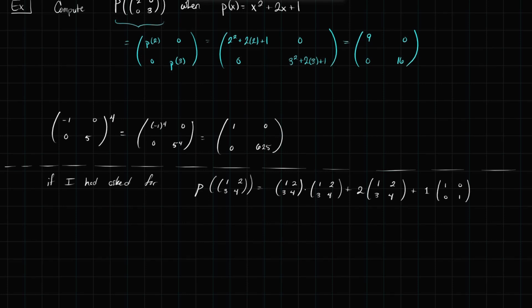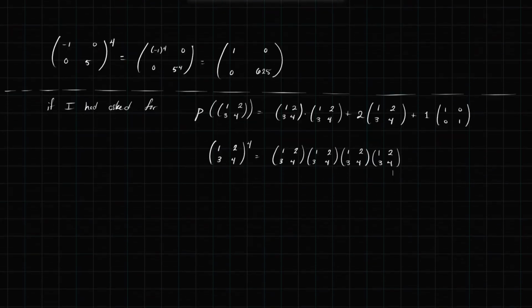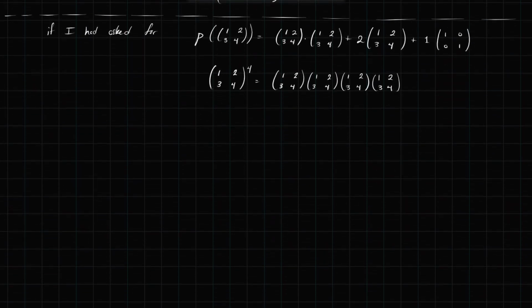That would take you a little bit of work. It's a lot easier to just get 9 and 16 from the beginning, but you can't when that's not diagonal. Similarly, you would not have been happy if I asked you to compute 1, 2, 3, 4 to the fourth power, which is this collection of matrix multiplications. Nobody would want to do either of those. The first one is manageable. The second is really, really hard.